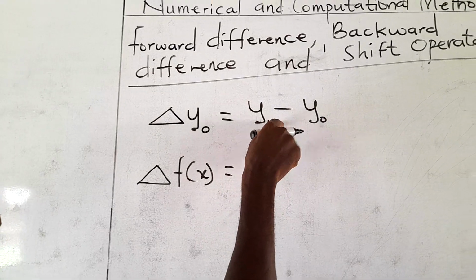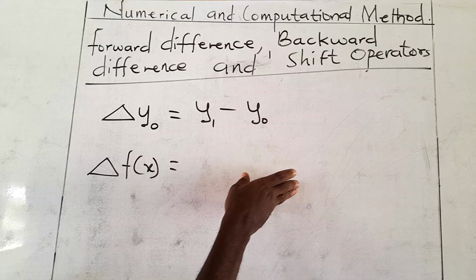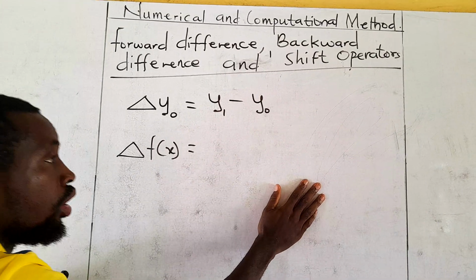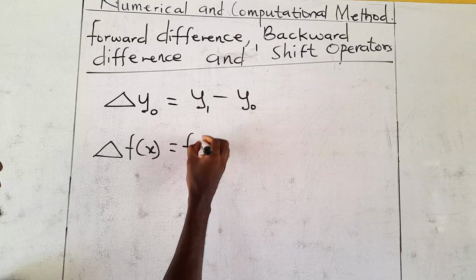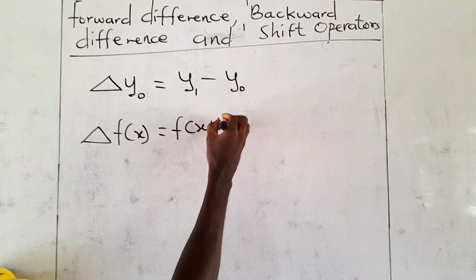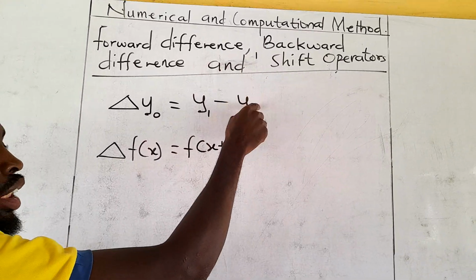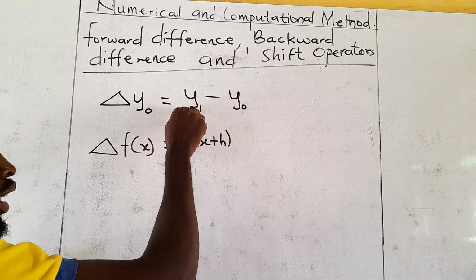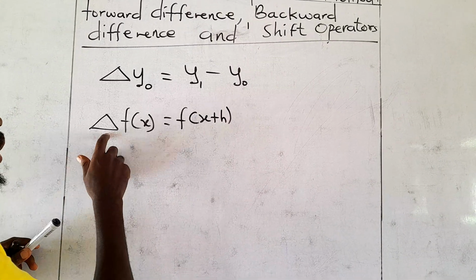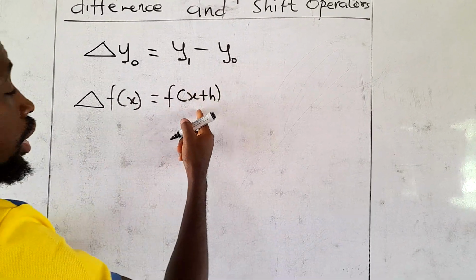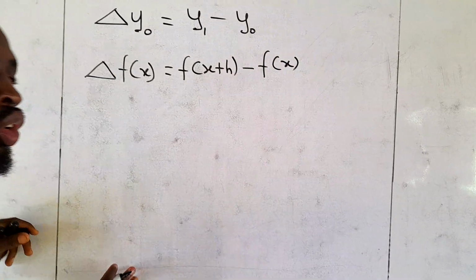A function that is greater than f of x will be f of x plus h, where h is the difference between those two. Maybe if this is 2, this is 1; if this is 3, this is 2, when the difference is 1 in that order. So delta of a function is equal to the function that is greater than it minus the function itself. I hope you get that.